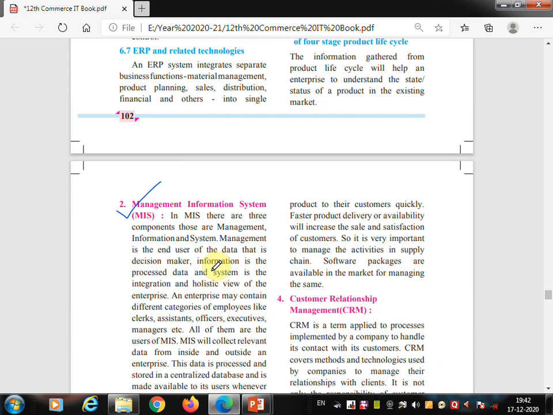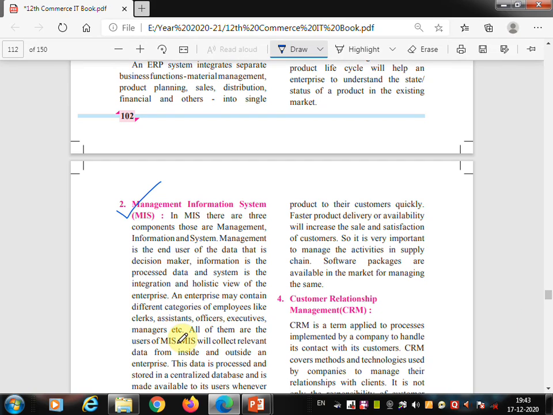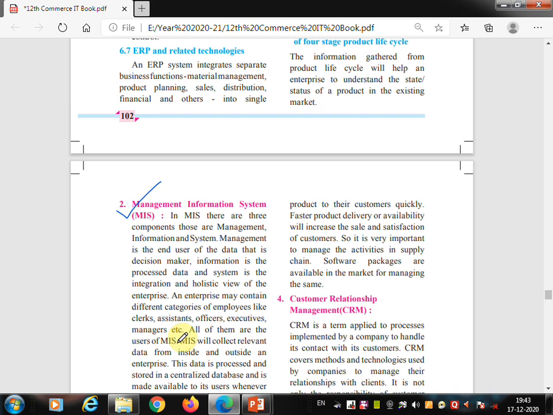systems, and in this MIS there are 3 components: management, information, and system. Management is the end user of the data, that is, the decision maker. Information is the processed data, and system is the integrated and holistic view of the enterprise. As you know, information comes after processing the raw material, that is the data.